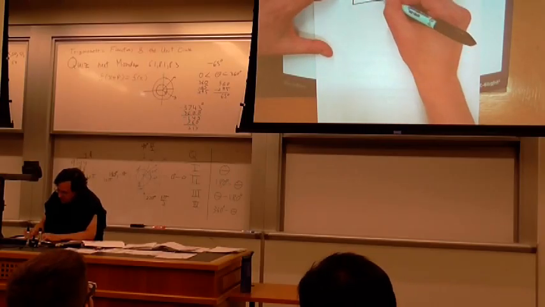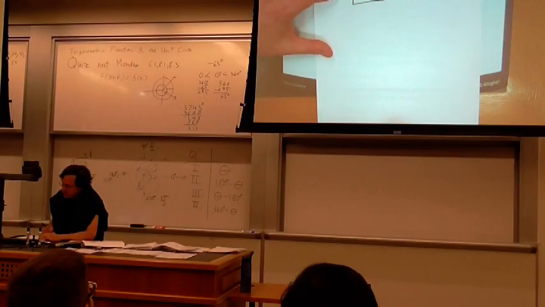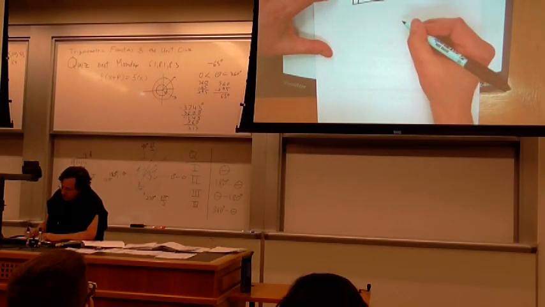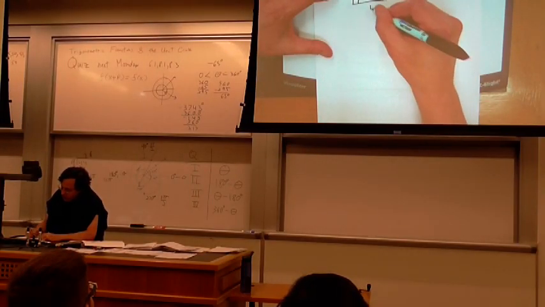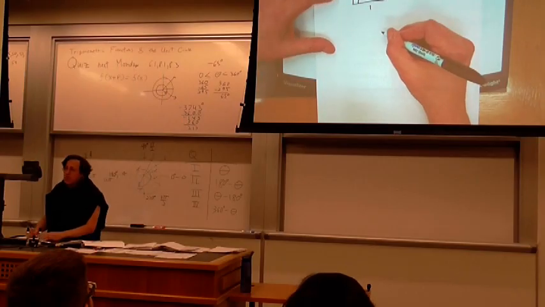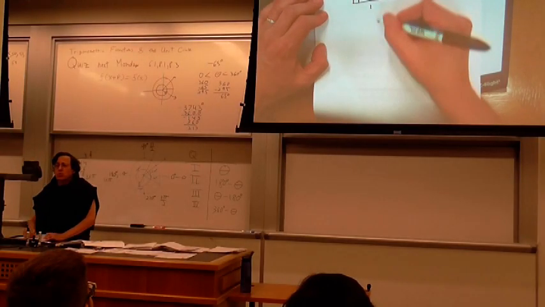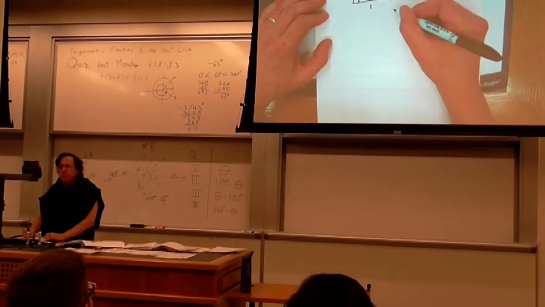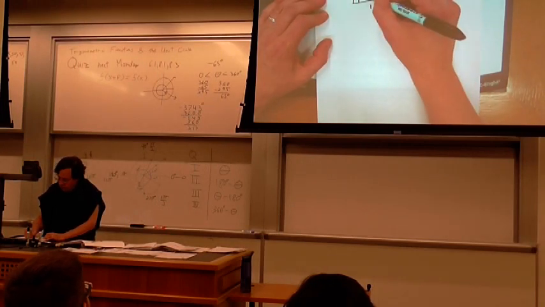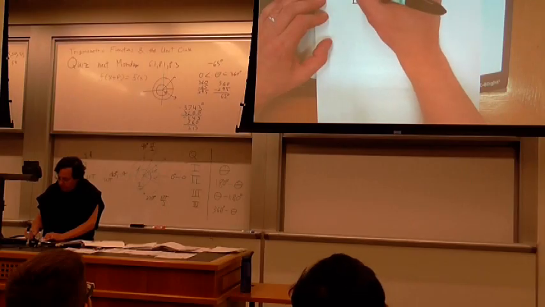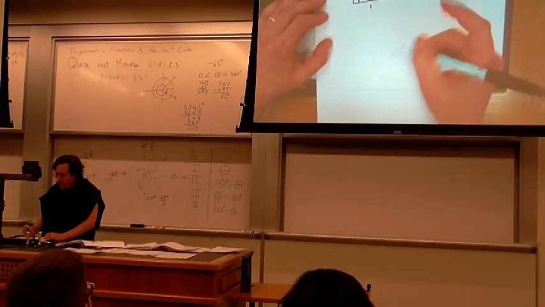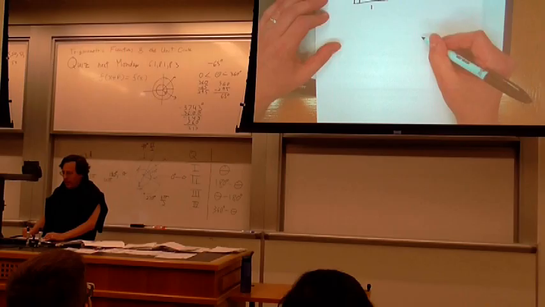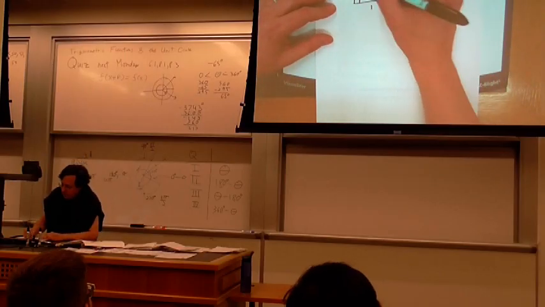We take an isosceles right triangle with legs that are 1. What are the angles? 45, 45, 90. And what's the hypotenuse? Square root of 2.